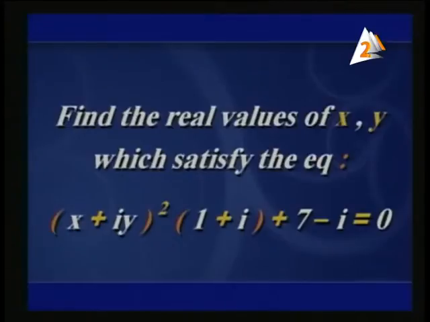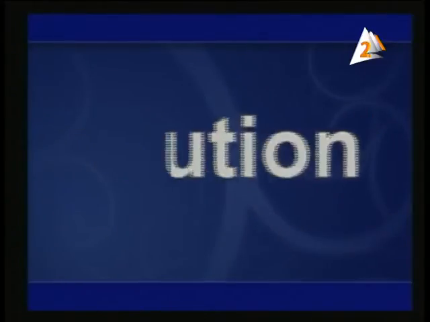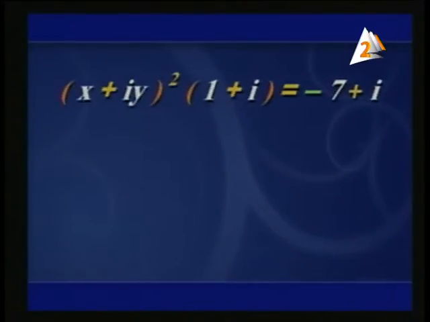Find the real values of x and y which satisfy the equation (x plus iy) squared times (1 plus i) plus 7 minus i equals 0. Solution. (x plus iy) squared times (1 plus i) equals negative 7 plus i.